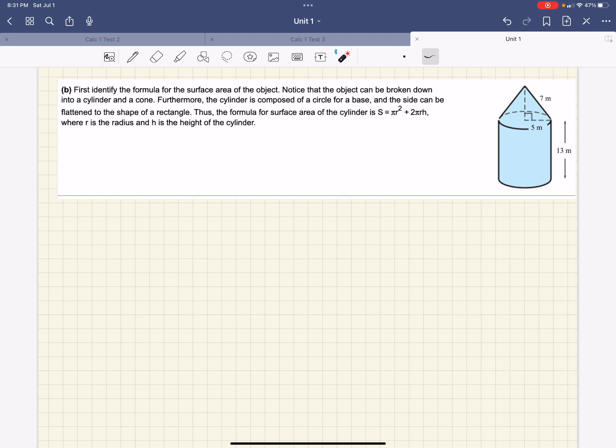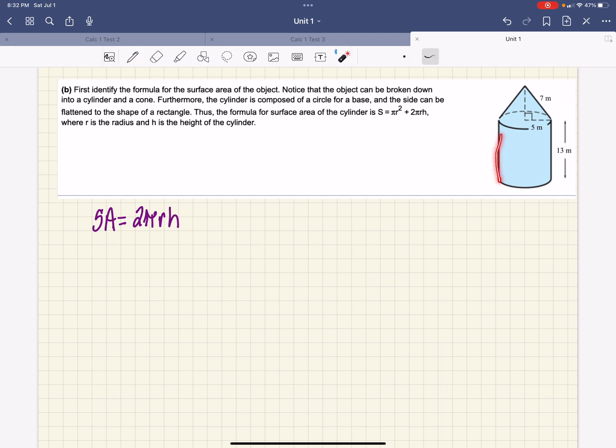So the first thing that we've got to figure out is the surface area. Just like we did on the one before, we need the surface area of the side of this cylinder. We've already talked about what that's going to be. Not the top and the bottom, we're just talking about the round part, which is going to be 2 pi r h.